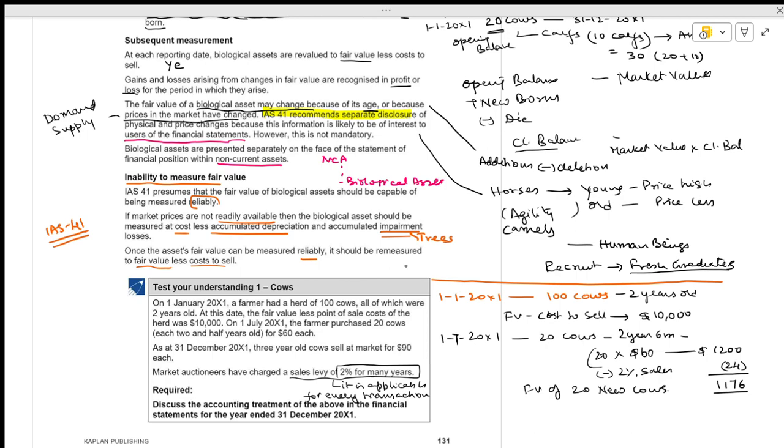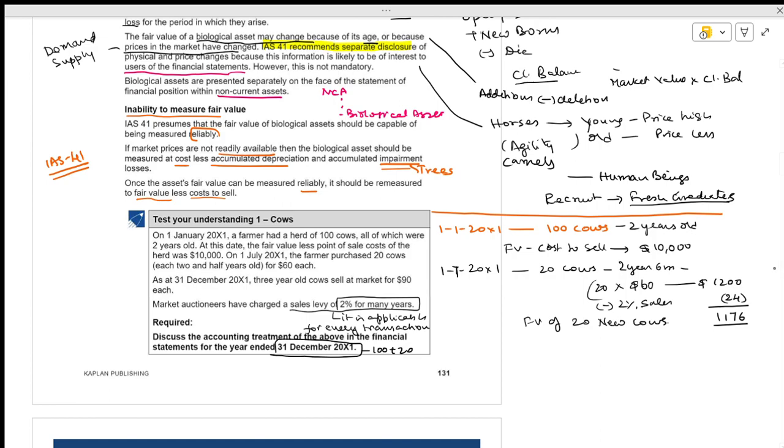What they are asking is: discuss the accounting treatment of the above financial statements for the year ending 31st December 2001. So how many cows are there? 100 plus 20.